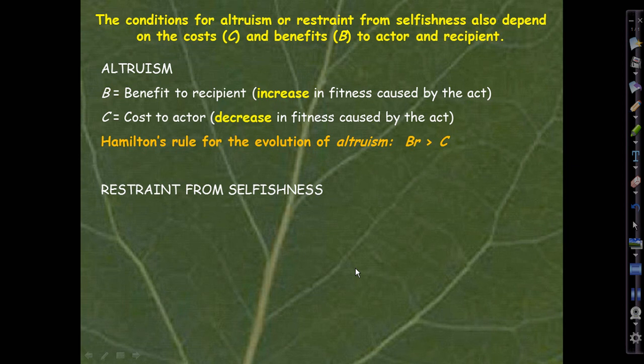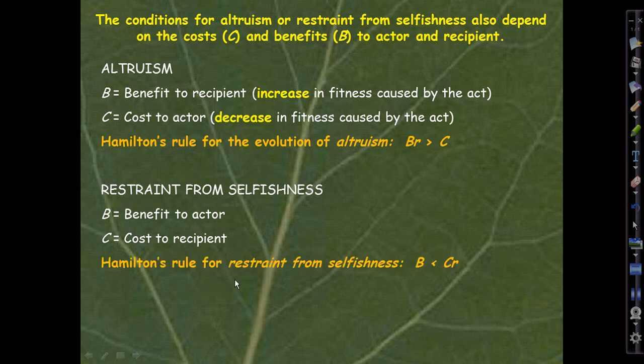Conversely, for restraint from selfishness, B is going to be the benefit to the actor. Selfishness, remember, is something that helps the actor's fitness but hurts the recipient's fitness. C then will be a cost to the recipient, again in offspring gained or foregone.